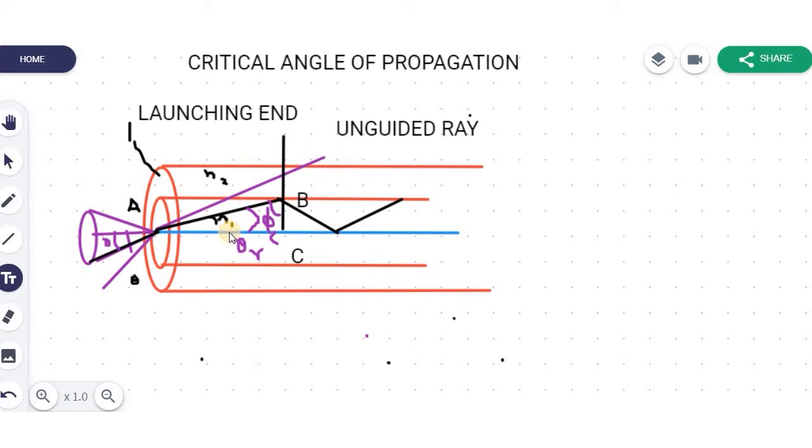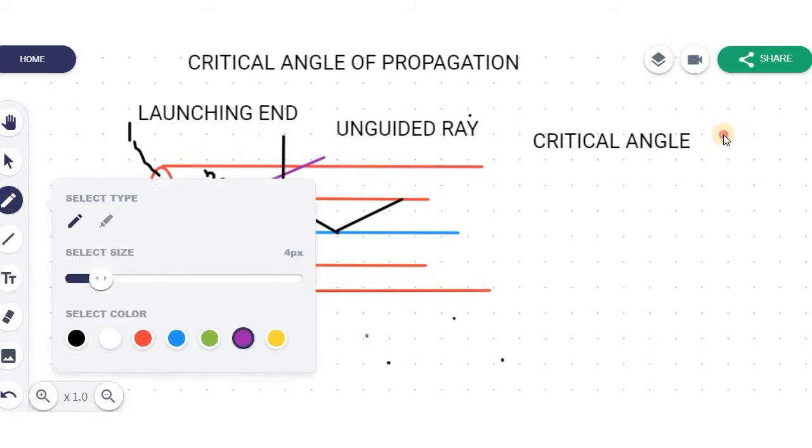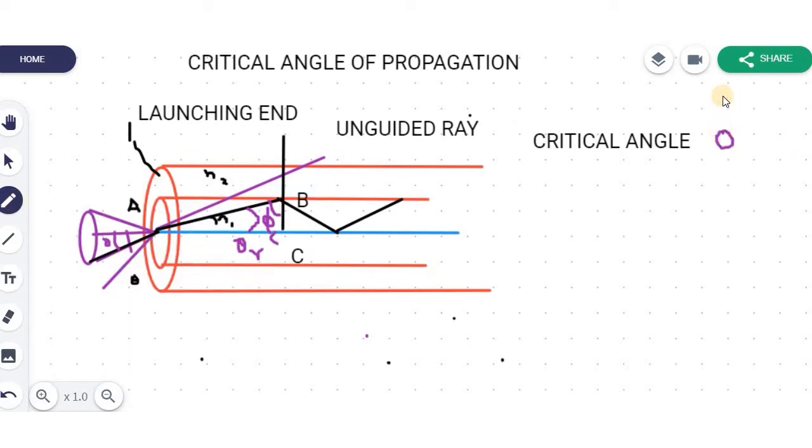Let us assume that the angle of incidence at the core cladding interface is phi C, and this phi C is called the critical angle.